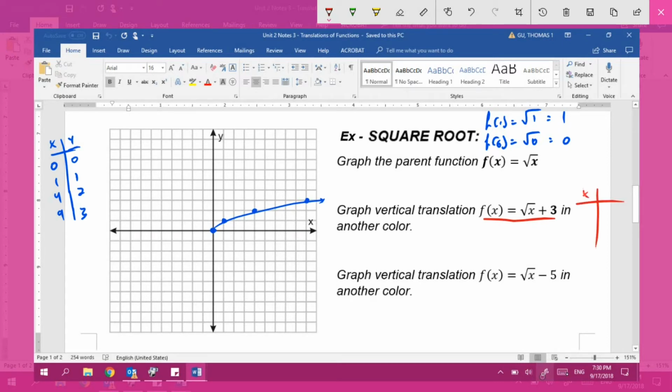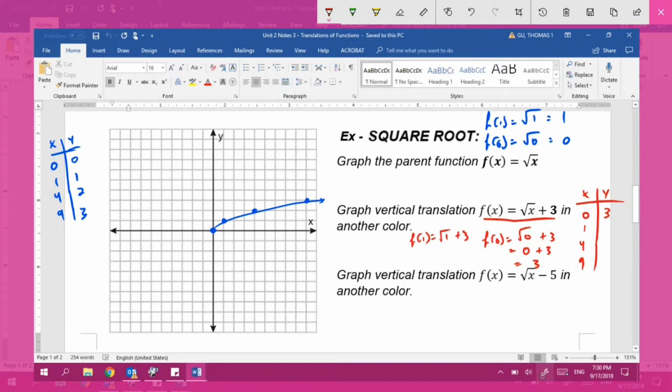We got x and y, same thing, 0, 1, 4, and 9. If I plug in 0, what do I get? It would look like this, f of 0 equals the square root of 0 plus 3. Square root of 0 is 0. 0 plus 3 is 3, so y would be 3. Now let's do f of 1. F of 1 would be square root of 1 plus 3.